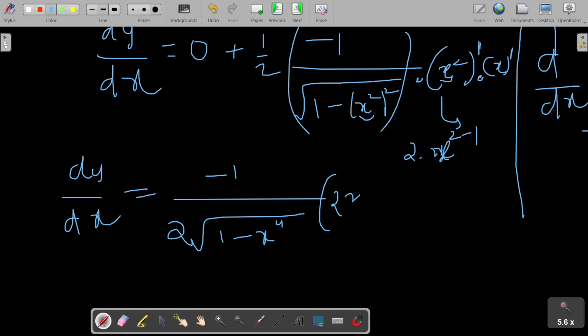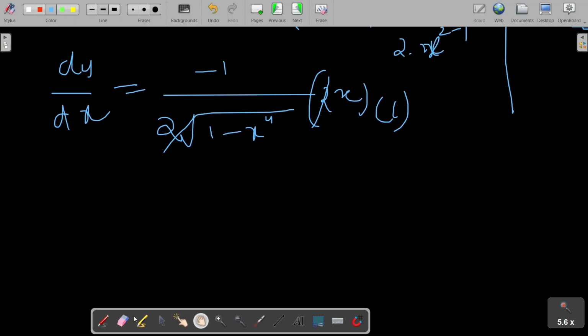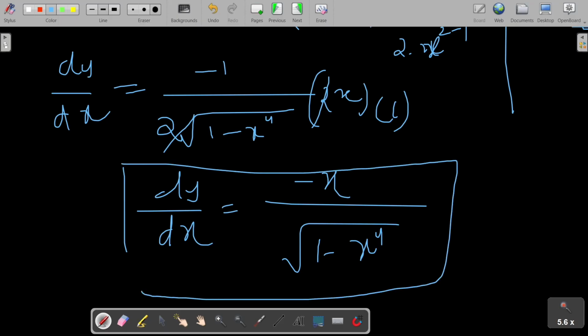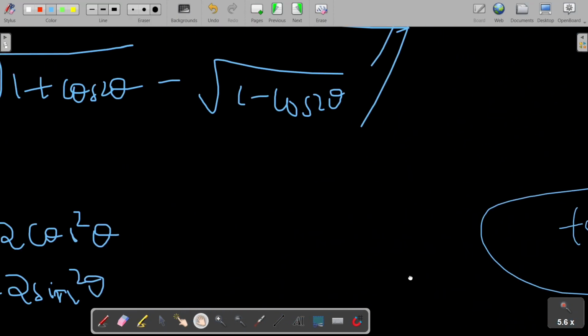So this becomes 2 times x, and the differentiation of x is simply 1. So this 2 gets cancelled, and I got minus x over root of 1 minus x power 4. So this is the dy by dx value for this huge function right here.